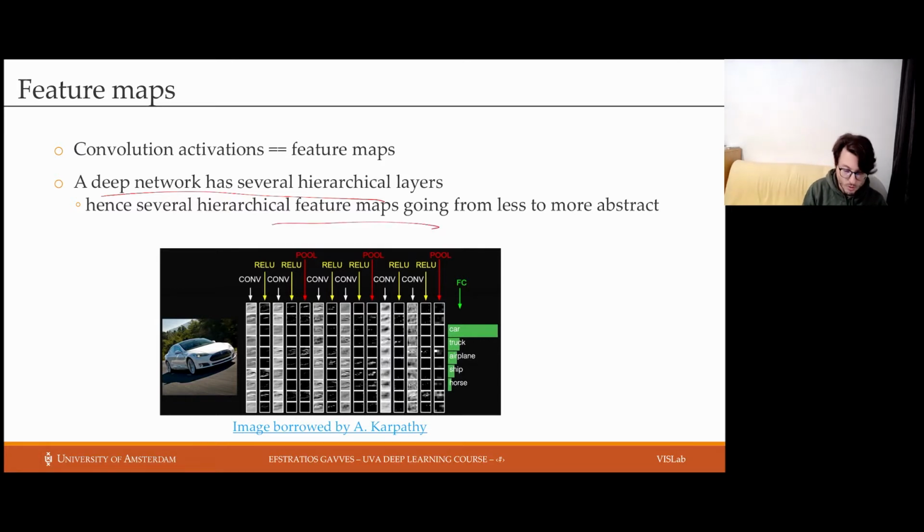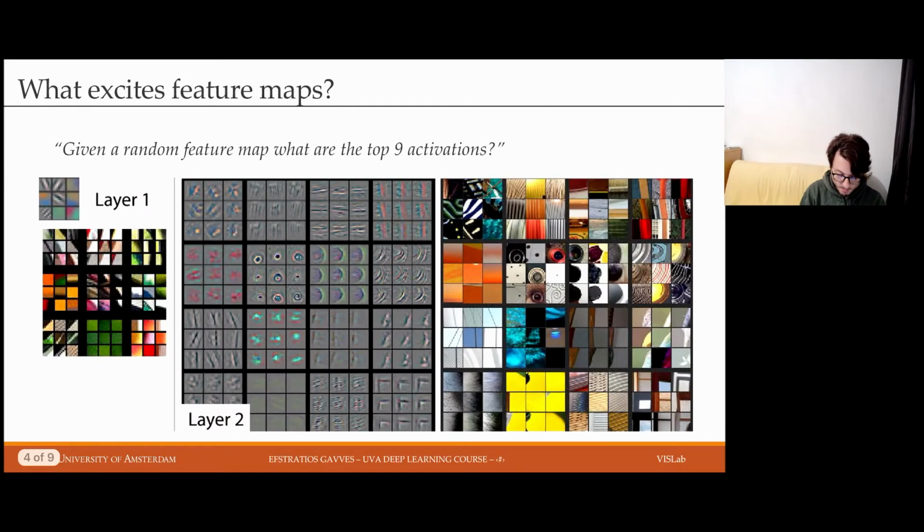So we're also going to have several hierarchical feature maps, from less to more abstract, like in this example, where in the initial feature maps we observe more specific, edge-like types of features, and the further we move to the right, we have more abstract and car-like types of patterns.